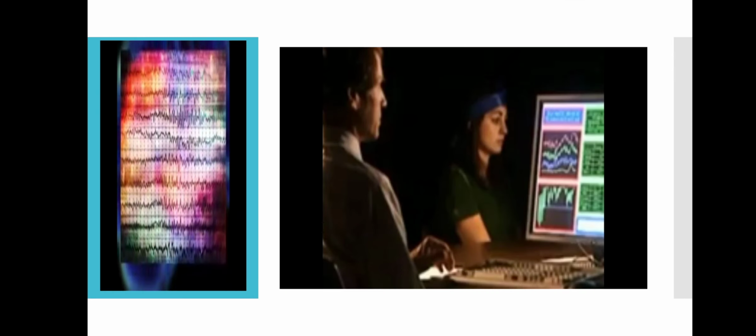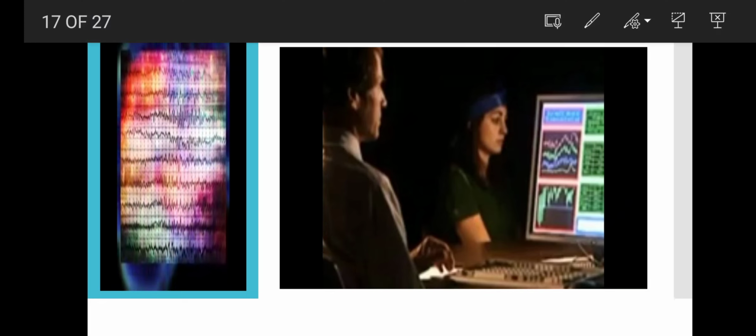Now here in this image you can see that the analyzer is analyzing the person through the computer screen, and the suspect is placed at the other side.